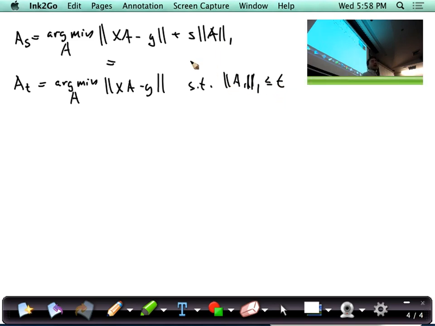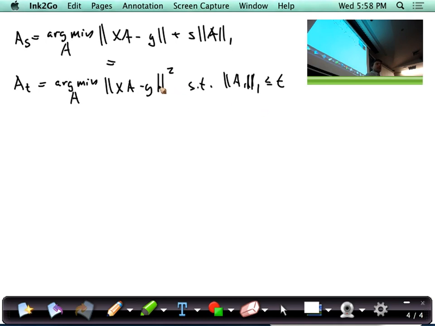This one is saying I just gave you some function and I said just minimize this function. This one says now I'm just going to ask you to minimize this least squares problem, right? You can minimize the least squares problem if you want to, but I'm going to restrict that the sum of all the coordinates in A are less than or equal to some parameter T.